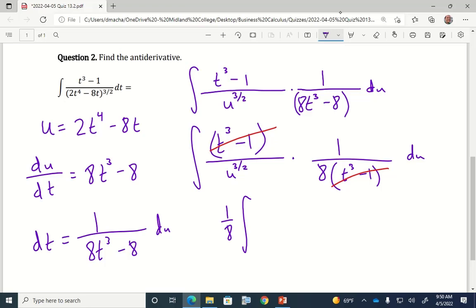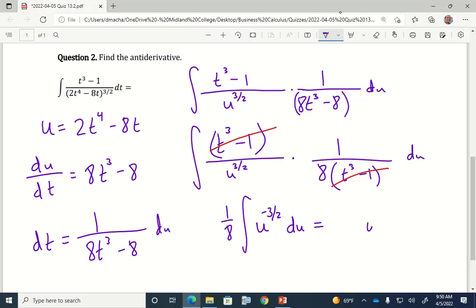But since we have a u to the 3/2 in the denominator, I could instead move that up to the numerator and call it u to the negative 3/2, because that's how negative exponents work. And my antiderivative power rule says I'm going to add 1 to the exponent.